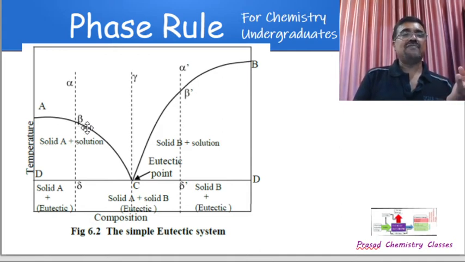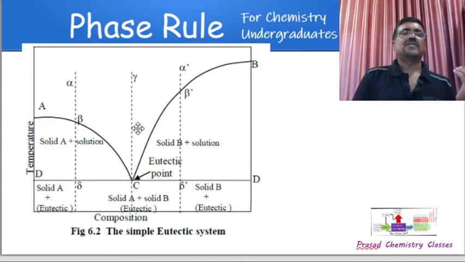Solid phase A will separate out at the point beta. Then the composition of the liquid phase will vary along beta C. Once C is reached, B also will start solidifying, or the eutectic mixture will solidify there.